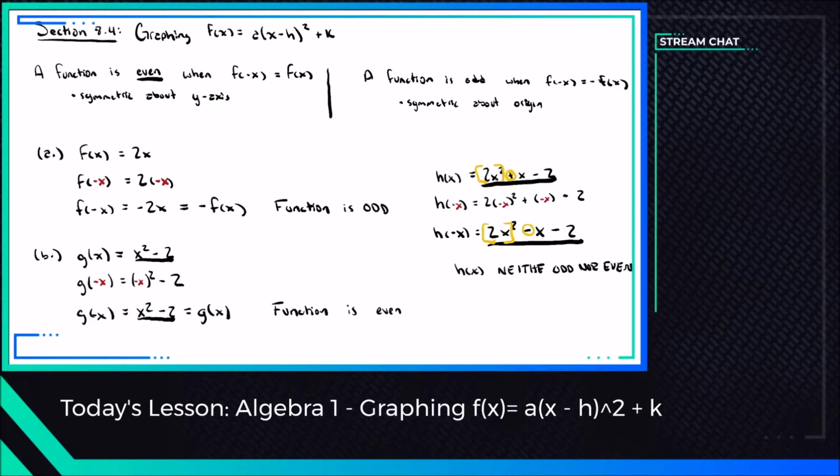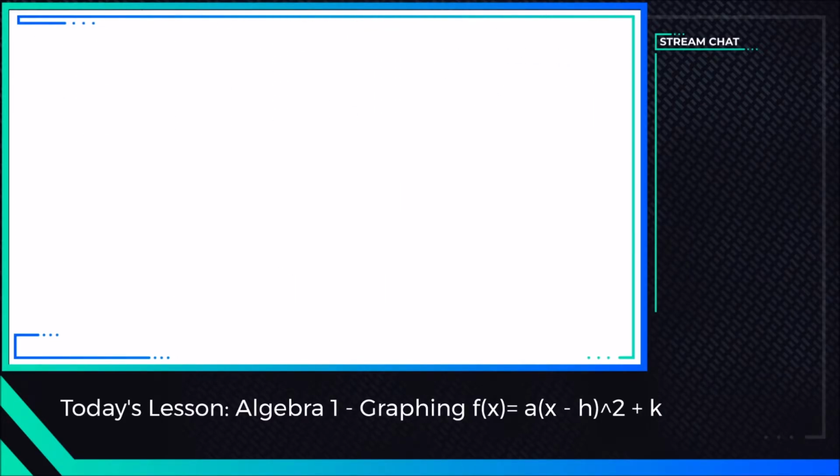All right, so now that we have talked about that, I want to talk about a different way to graph parabolas. So let's go ahead and graph f of x is equal to a multiplied by (x minus h) squared.